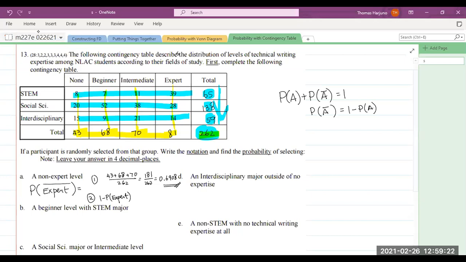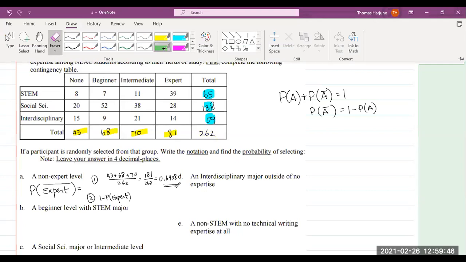Okay, now that's one. Second, when we compute the probability here, the instructions are, why did I erase everything? The instruction is do it in 4 decimal places.